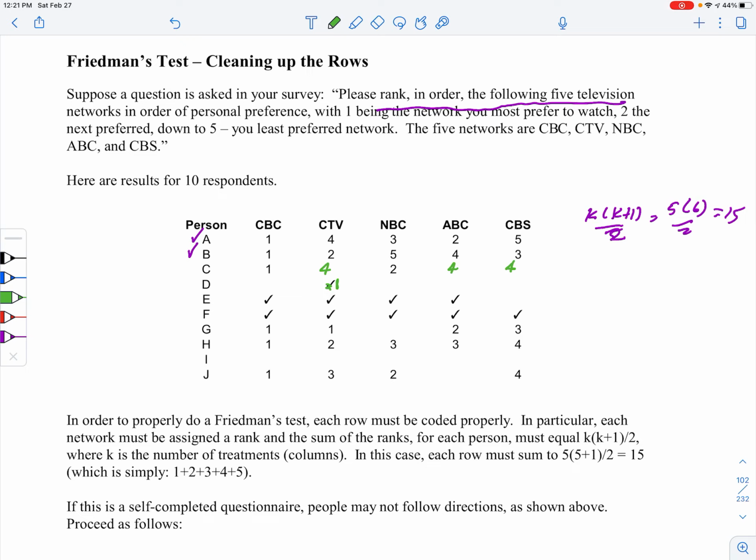And so we've got 2 plus 3 plus 4 plus 5, divided by 4, right? The average ranking of those 4 would be 3.5. So they would be 3.5s. So they got 1, but then for 2, 3, 4, and 5, the average ranking of those is 3.5.